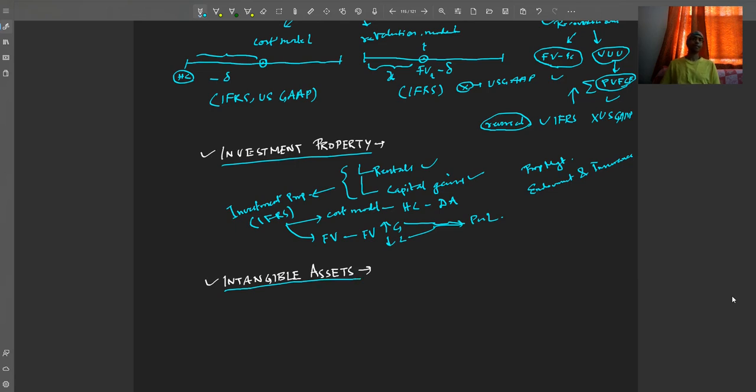Intangible assets. So friends, intangible assets are basically assets that cannot be physically identified, but they clearly work as assets for the company.